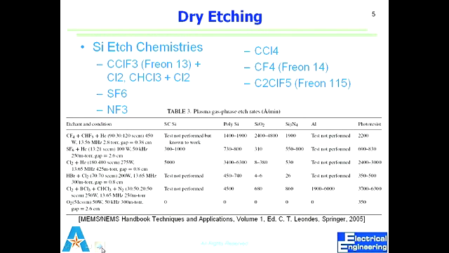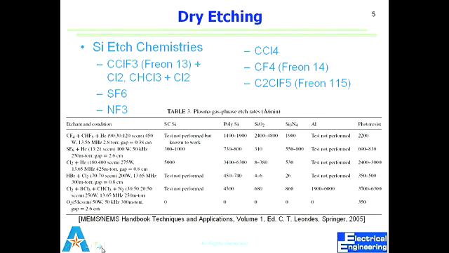Not every equipment or every lab is equipped with all of these gases. You see there's a whole bunch of variety of recipes using helium, silanes, chlorine, and selectivity between different materials that we might be using.